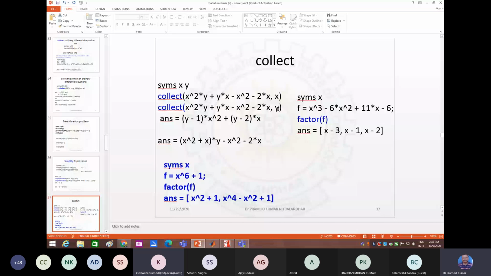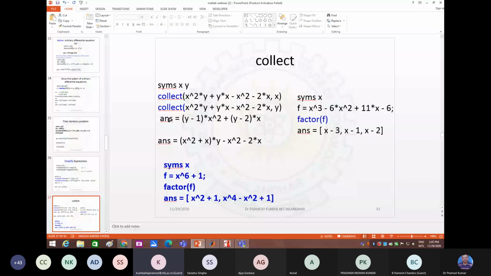Here the expression is x square y plus yx minus x square minus 2x, we want to collect x from the whole expression. Then what do we get? Here you have the x, here you have the x, but we don't have x square like this.